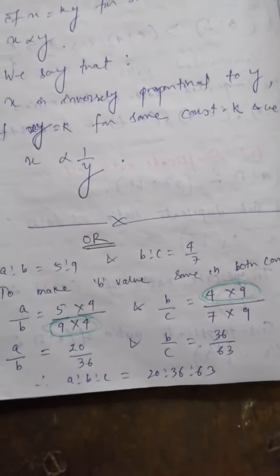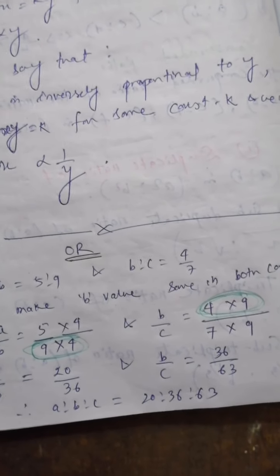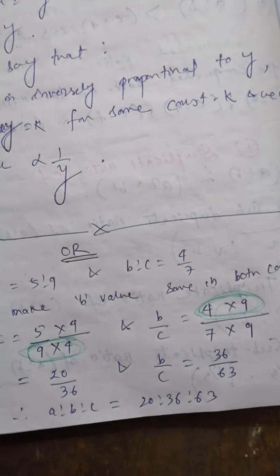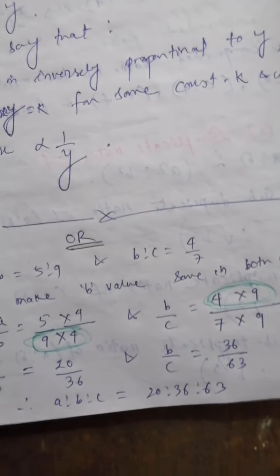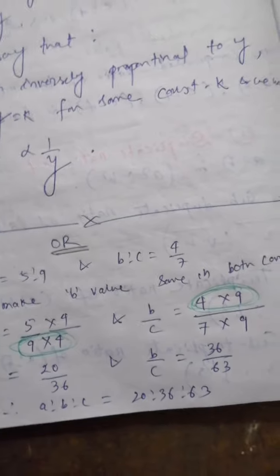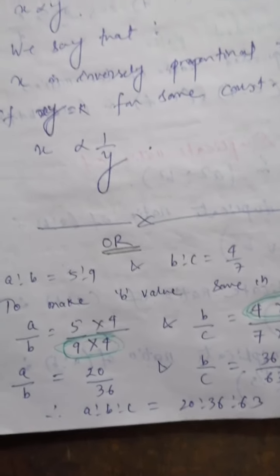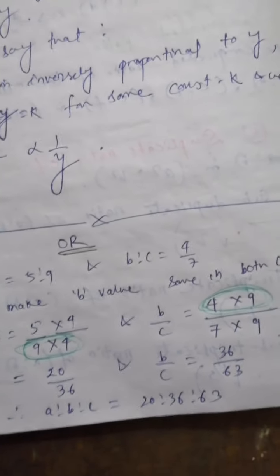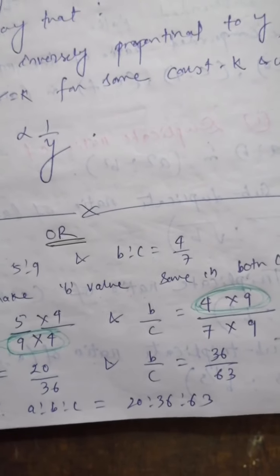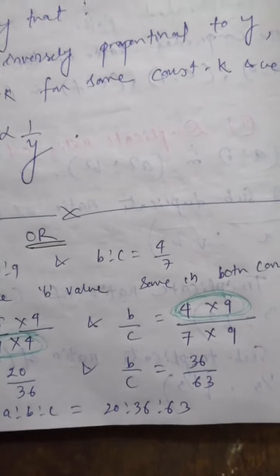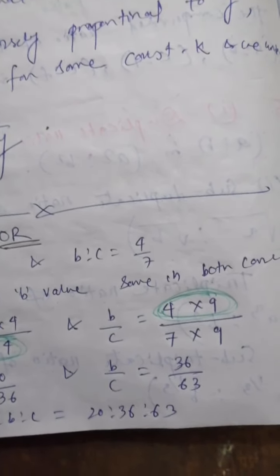Take notice of the green encircled numbers, 9 into 4 and 4 into 9. The value of both is the same, right? So we get A by B equals 20 by 36 and B by C equals 36 by 63. Hence, A is to B is to C equals 20 is to 36 is to 63.